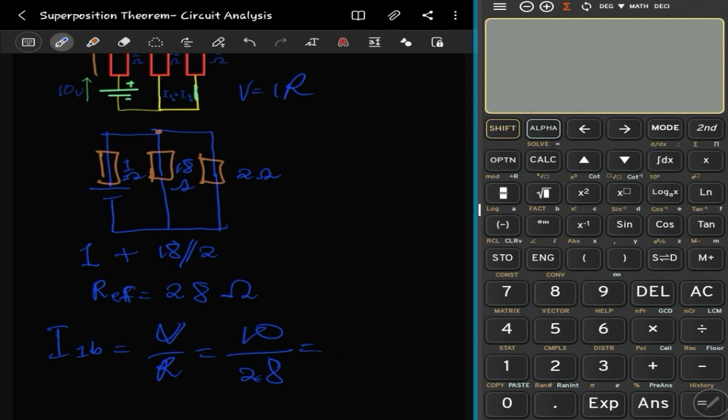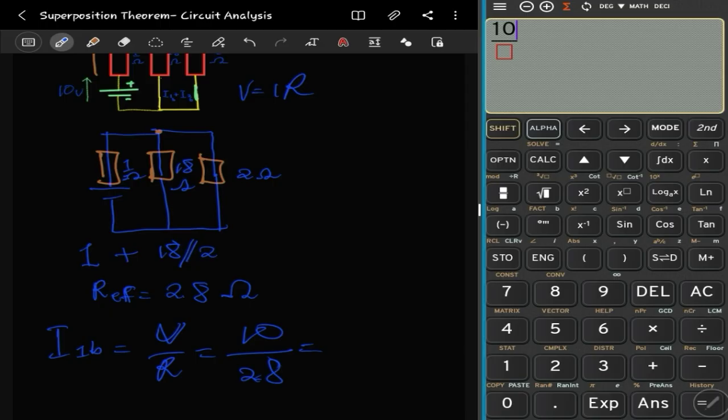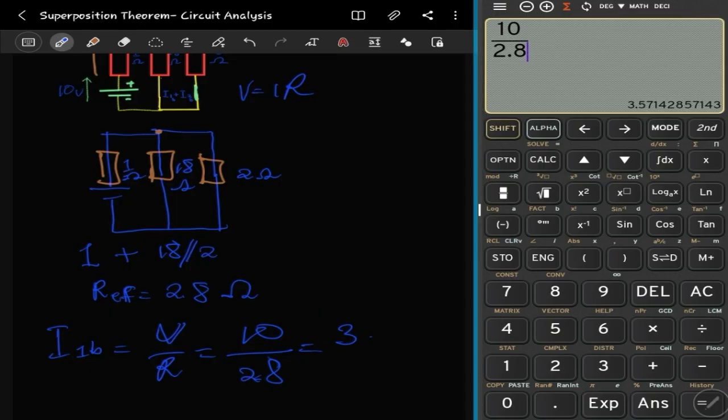So that gives us an I1B of 10 over 2.8, which is approximately, to 4 decimal places, 3.5714, and that's in amperes. Unit very important.